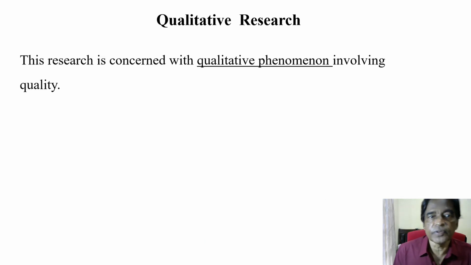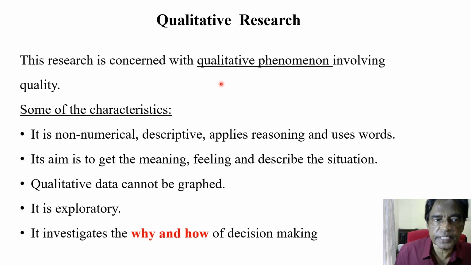Qualitative, on the other hand, is concerned with qualitative phenomenon involving quality. Some of the characteristics, they're not numerical, but descriptive. You can ask more detail. If we say, I do not support the idea, we can ask them, why do you say so? Applies reasoning, uses words, right? Aim is to get meaning, feeling, and description of the situation.